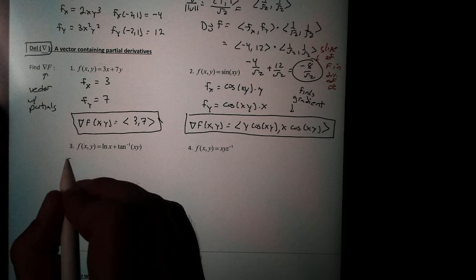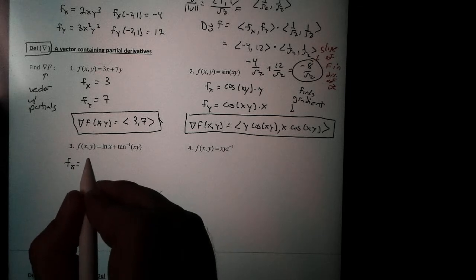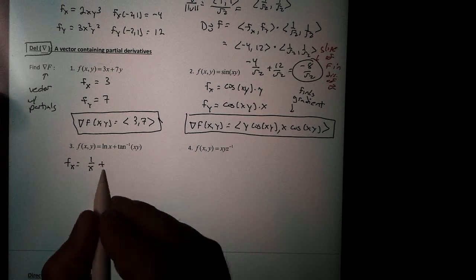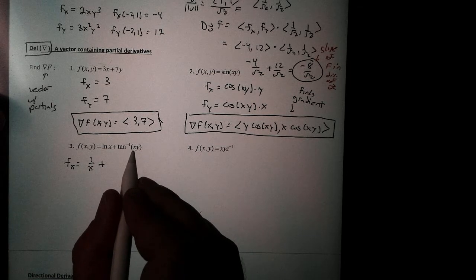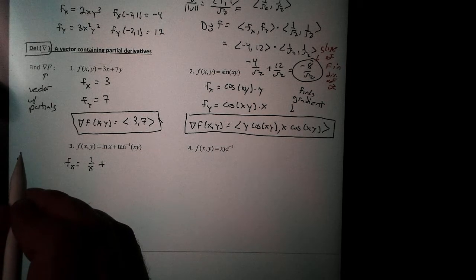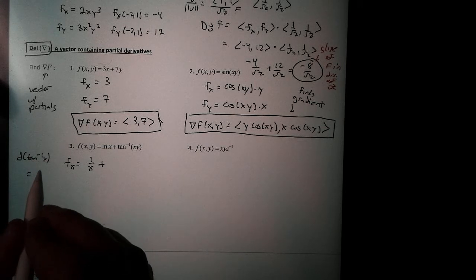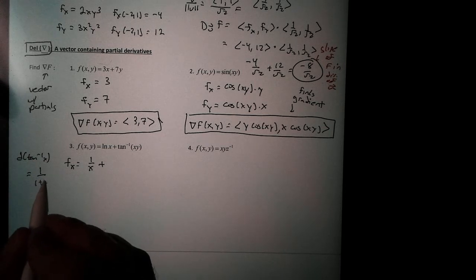All right, so let's take a look at number 3 right here. We're looking for f_x, the partial with respect to x, which becomes just 1 over x, the derivative of natural log, plus, oh no, what's the derivative of inverse tangent? Let's try to remember: the derivative of inverse tangent is 1 over 1 plus x squared.